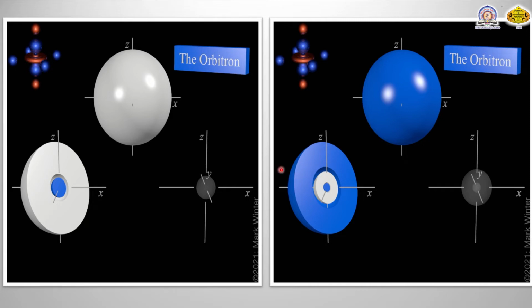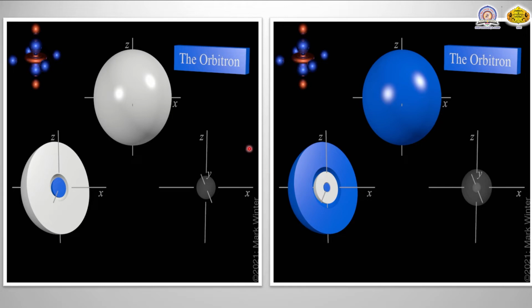For example, in a 2s orbital, the inner core is the 1s orbital and the outermost white core is the 2s orbital. The number of nodes is equal to n minus l minus 1. For 2s, 2 represents the value of n, the principal quantum number.